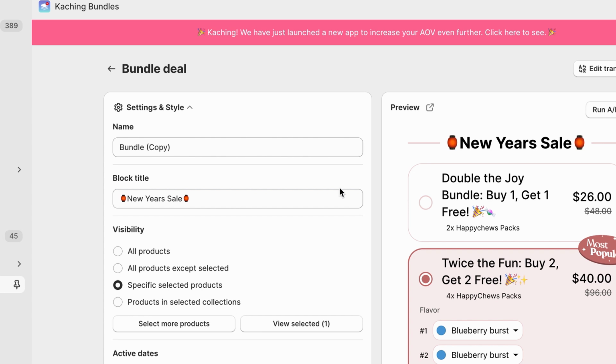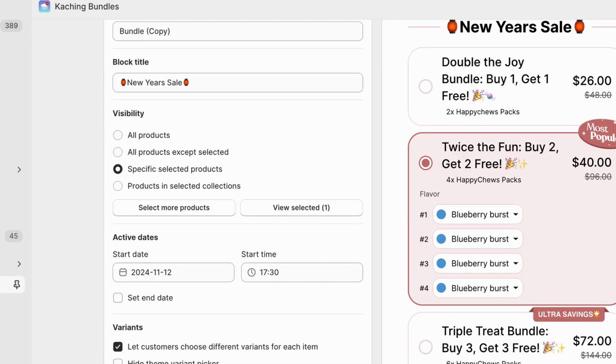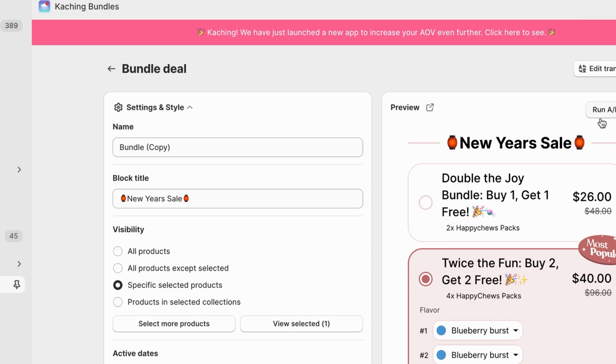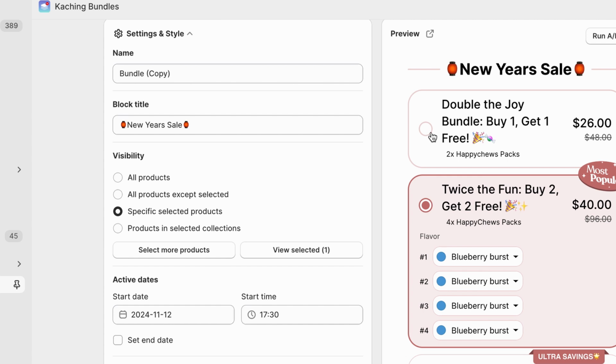So one thing I'm going to do for tomorrow and test is I will make an A/B test, and instead of buy one get one free right here, I'm just going to do buy one and set the price ranging from $25 to $27.